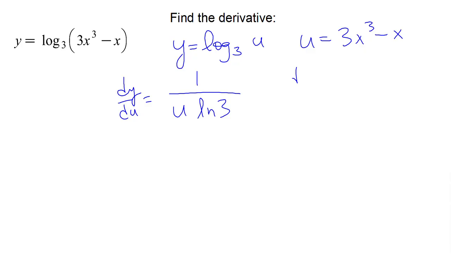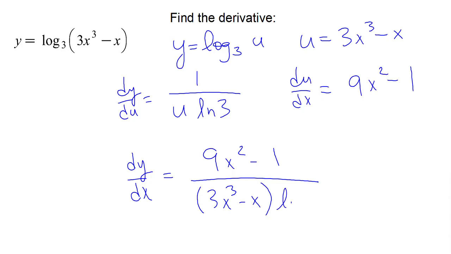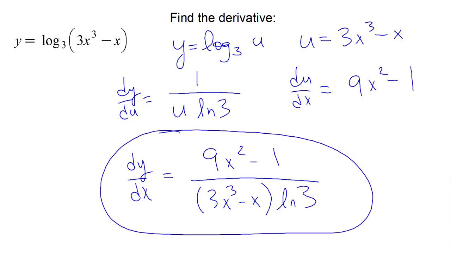And then du dx will just be 9x squared minus 1. And if we multiply those together to get dy dx, we'll have 9x squared minus 1 over 3x cubed minus x times our natural log of 3. And that should be our final answer.